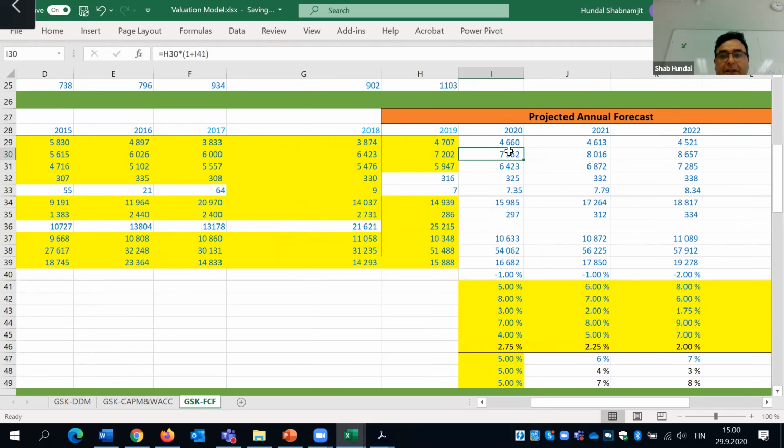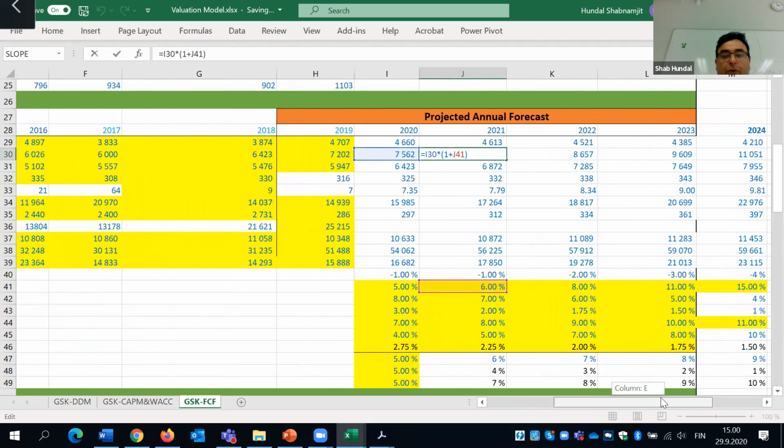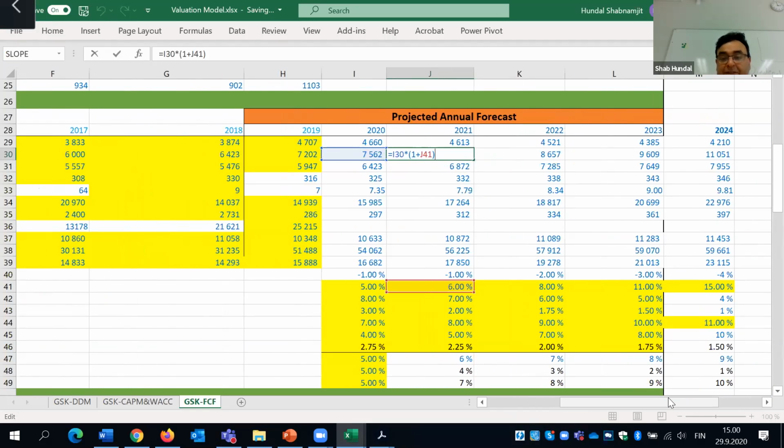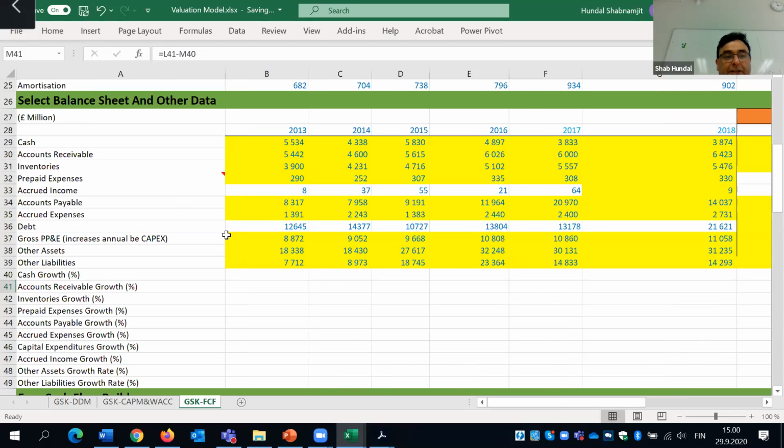So I would assume that in the years to come, accounts receivable will grow at first 5%, then 6%, then 8%, so that by the time it's 2024, the accounts receivable are increasing at 15%. In the bad times, your customers don't pay you, and this way I get the data of all these numbers.